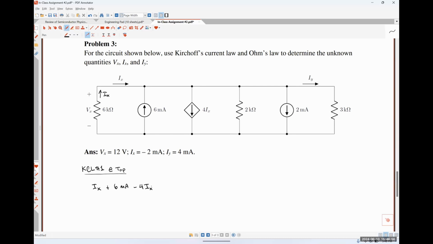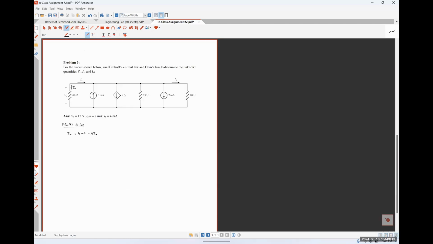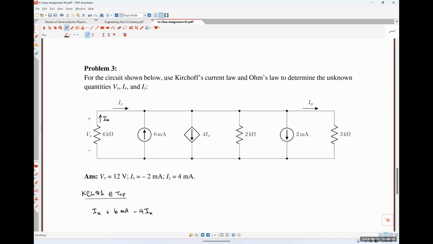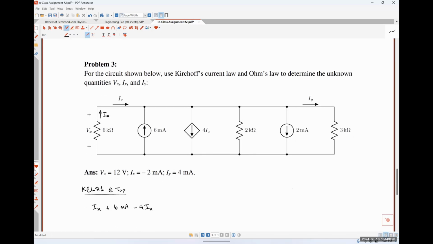Now I have this 2 kilo ohm resistor. There is no current associated with it right now, so we have to make a decision. Do we want the current flowing through the 2 kilo ohm resistor to flow up and enter the top node, or do we want it to flow down and exit the top node? Let's make it flow down.